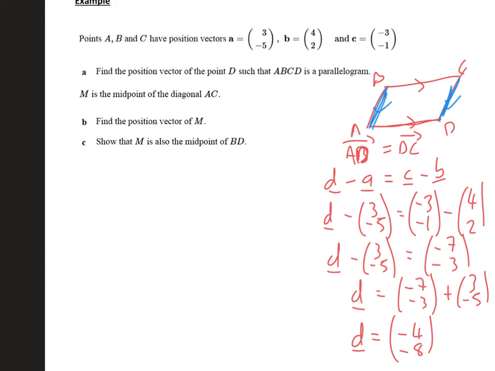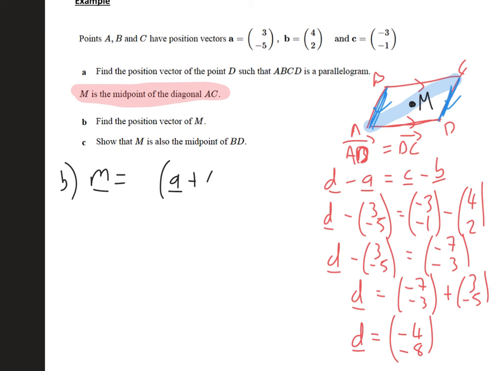Now in the next part, it says M is the midpoint of the diagonal AC. So let me draw on AC, and M is the midpoint, so M's here. Find the position vector of M. Using the formula I told you about, I'm just going to add the two vectors and divide by 2.